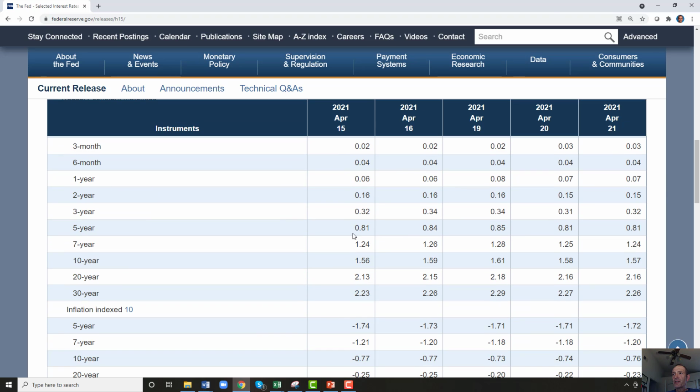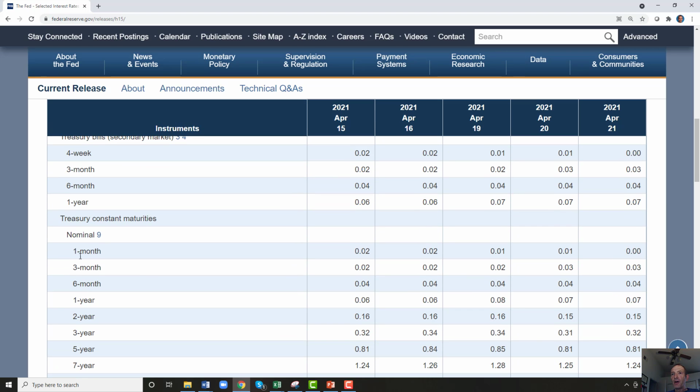The rates we need, we're going to come down here, we're going to use the 5-year and the 10-year and the 20-year. We're going to bring 3 rates in, and this first rate is treasuries, constant maturities.